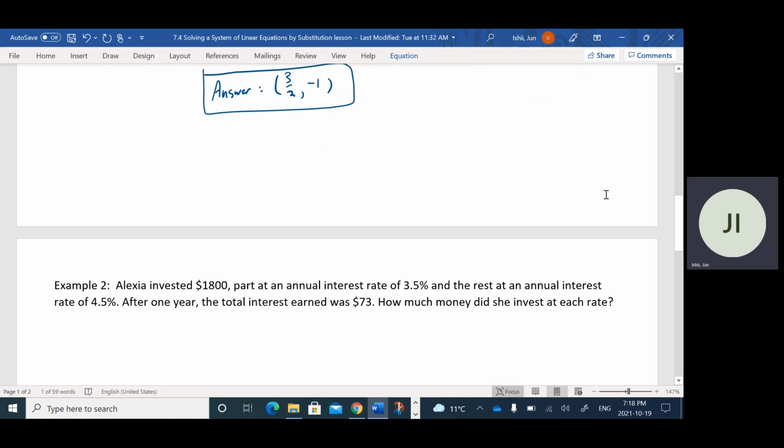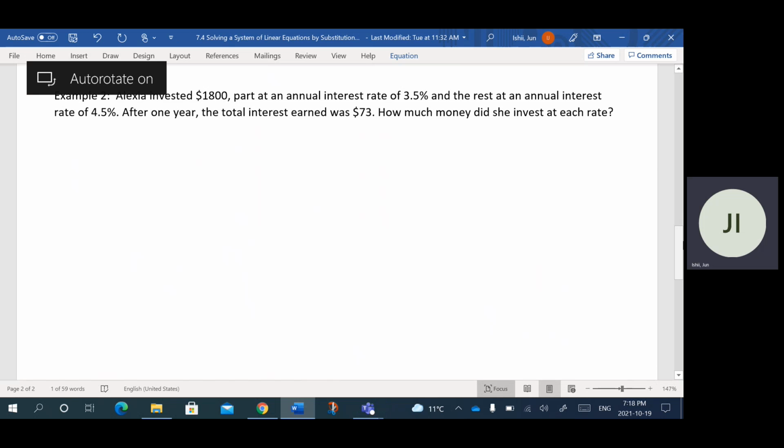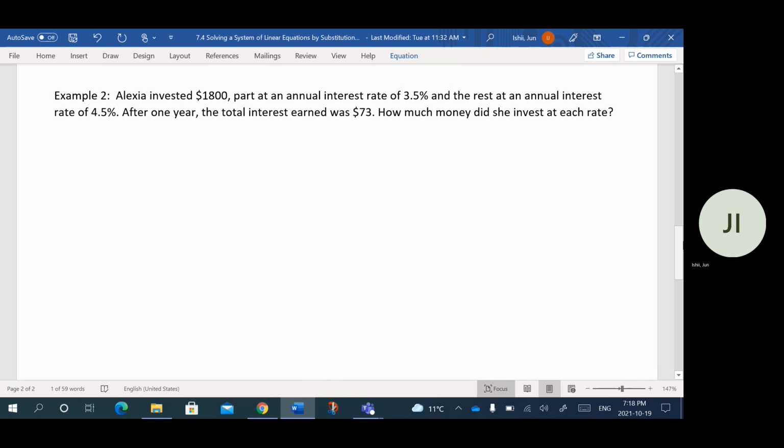Cool. All right, so my next example has to do with an application. The first thing we want to do here is translate this into a system that we're going to solve. All right, so Alexia invested $1,800, part of it at an annual interest rate of 3.5%, the rest of it at 4.5%.